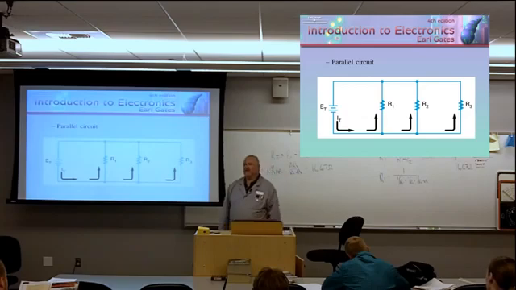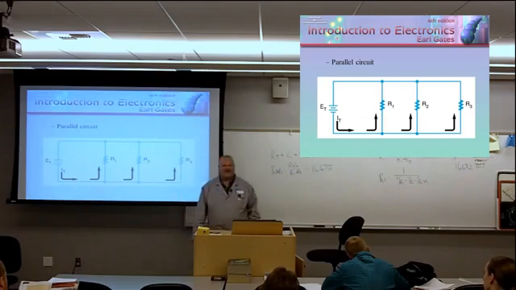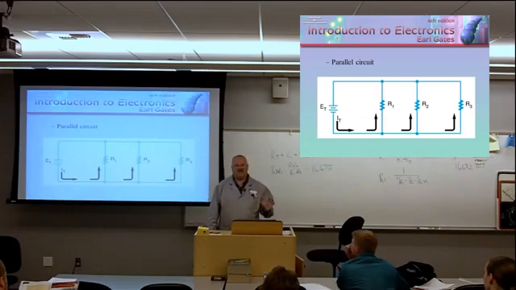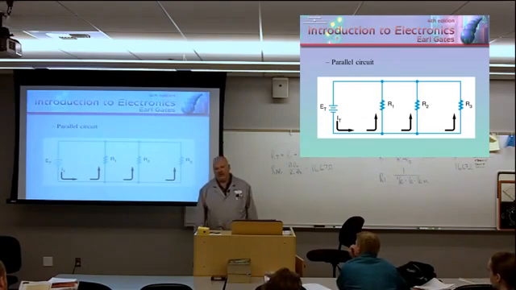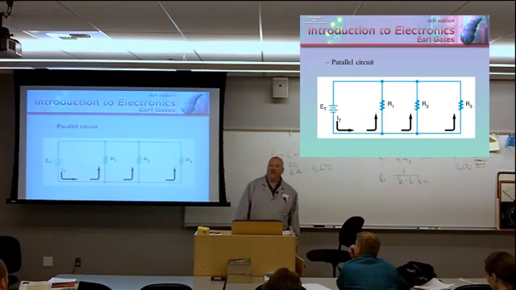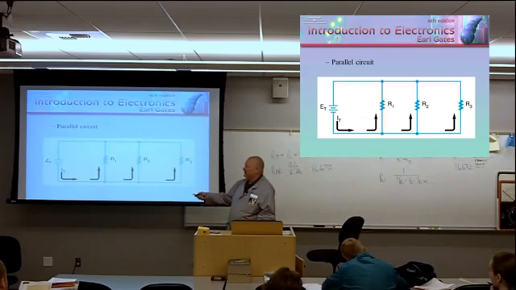The parallel circuit. The most important thing I want you to remember about the parallel circuit is that voltage is constant across a parallel network. This is a parallel network. Here there are 3 resistors in parallel with each other. The voltage rise will be distributed equally across all 3 branches.